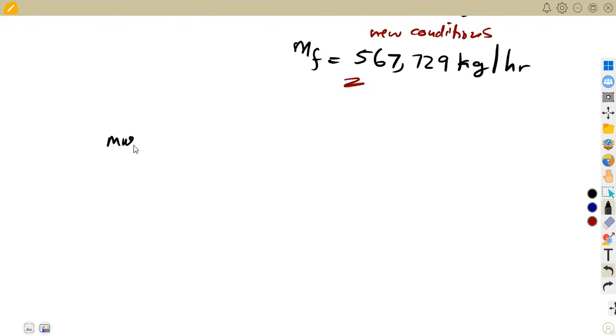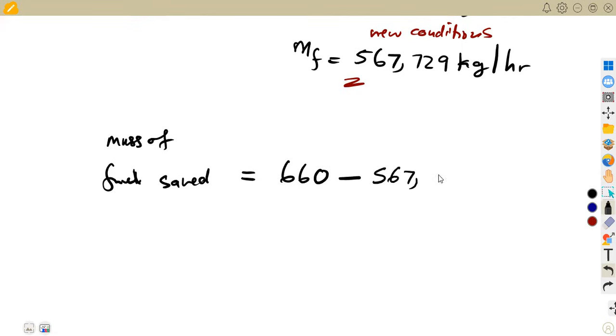So the mass of fuel saved in this case is going to be the one that we had in the original part, 660 kilograms per hour, minus the new mass of fuel of 567.729 kilograms per hour.